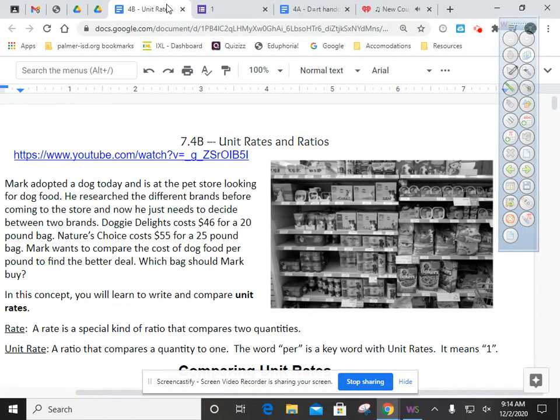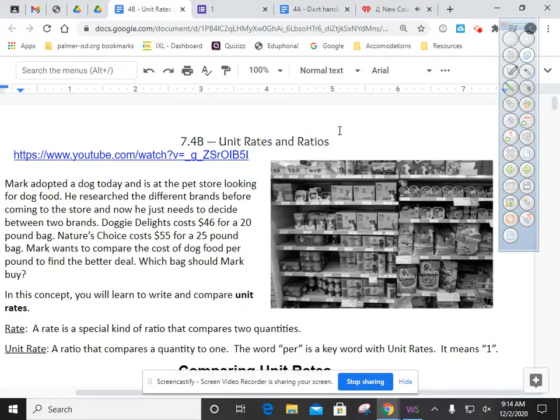I think I just told you this is pretty much the exact same thing that we've been doing. All right, I'm not going to read through all this.